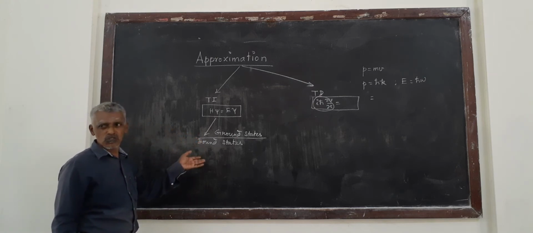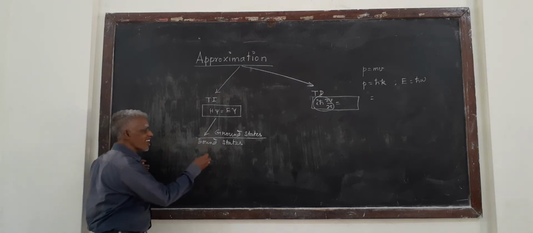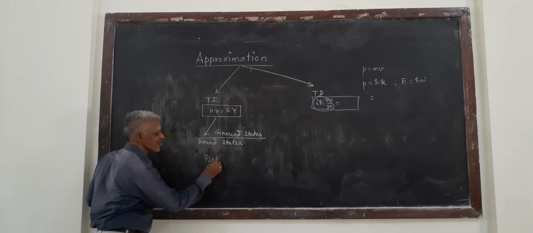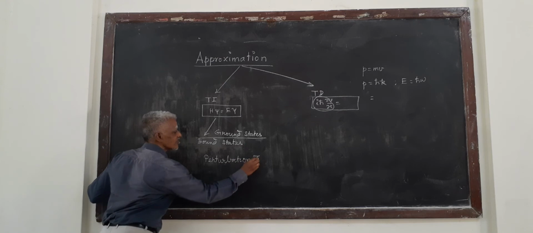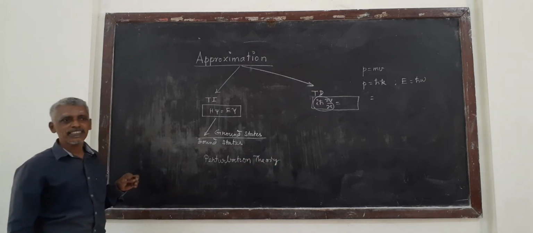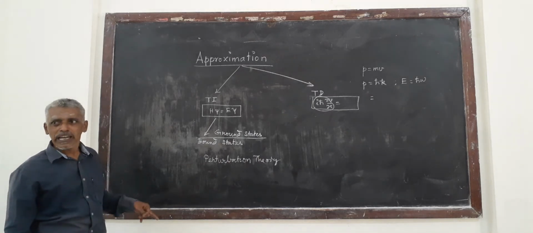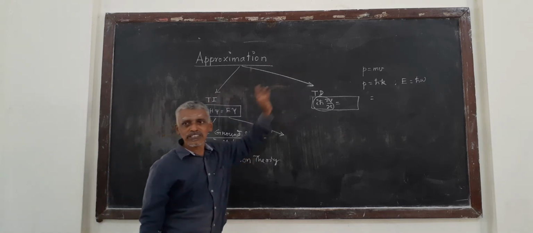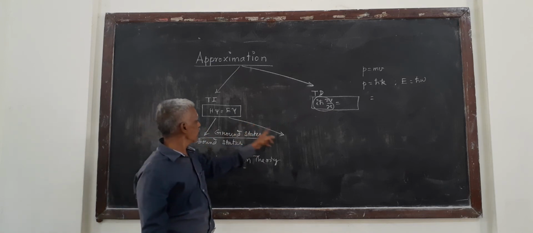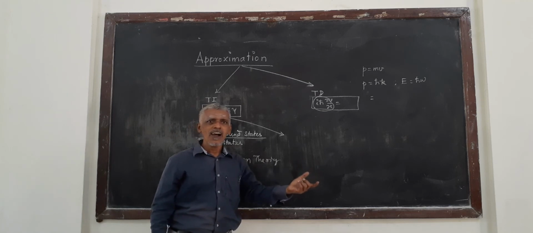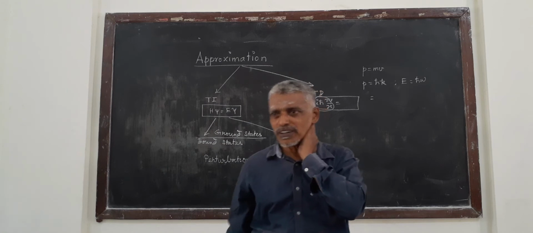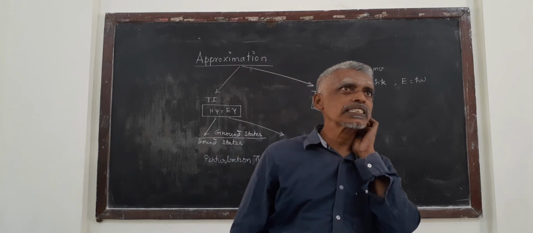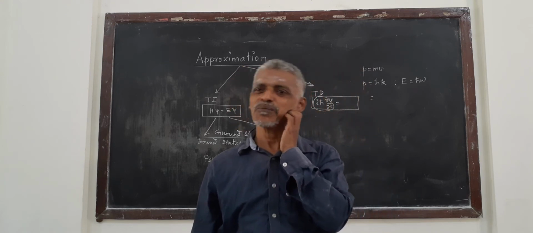Ground states are bound states. Then there may be bound states, and opposite to bound are excited states, unbound states.